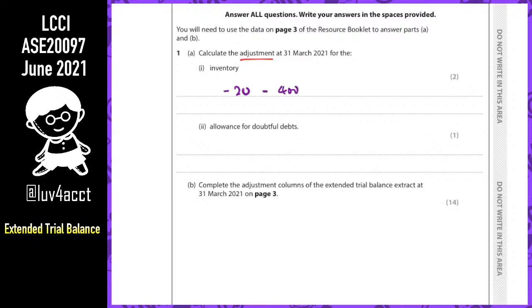This is from item 1 and item 2. Let me change it to red so that you know this 20 is from the impairment, and then 400 is from the second item, the goods received on sale or return basis. So we have negative 420, a decrease.